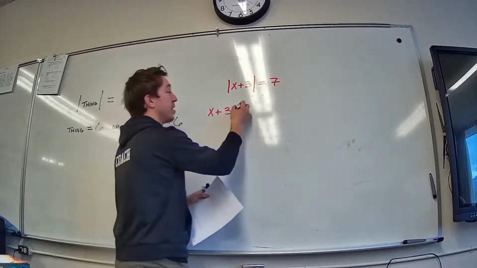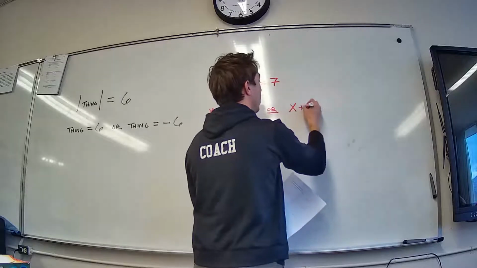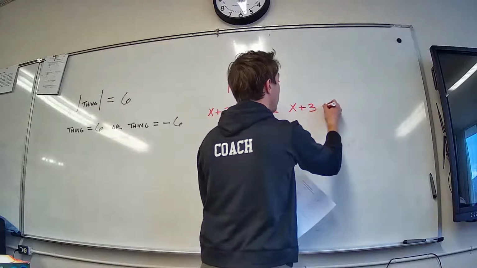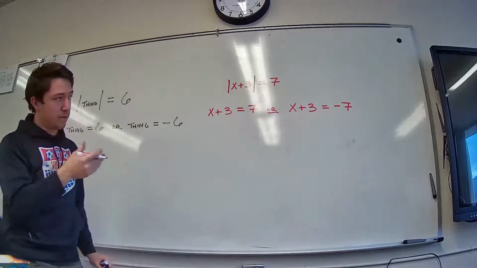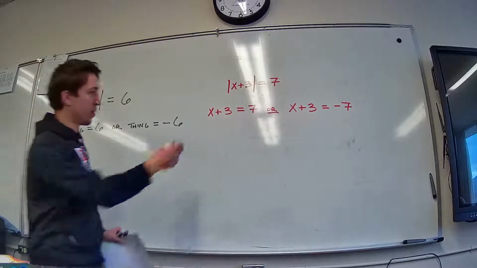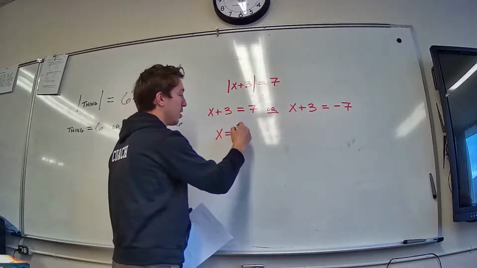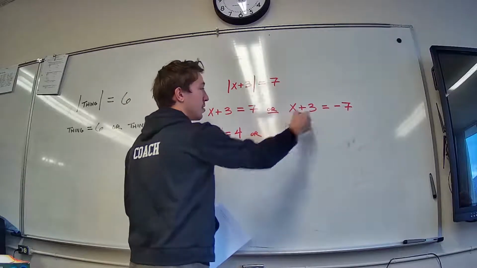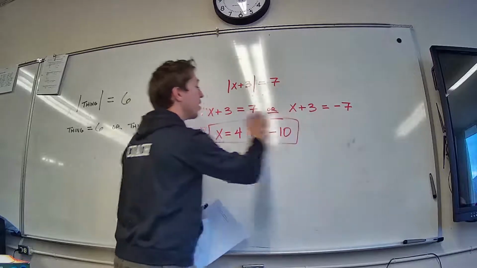Either x plus 3 is just 7, or x plus 3 is -7. Those are the two possibilities. So we're one step away from the actual answer, which would be solve this. You get 4. Solve this. You get -10.